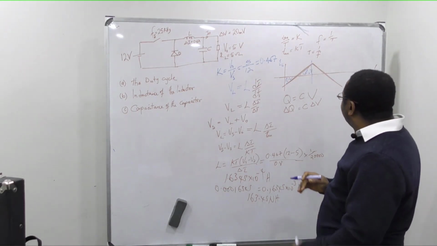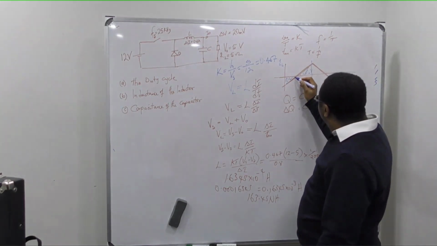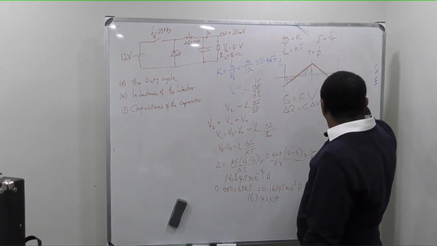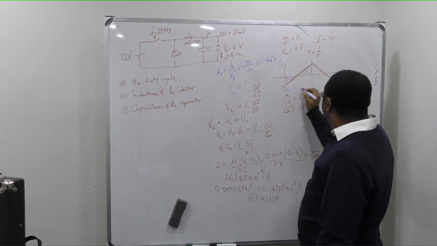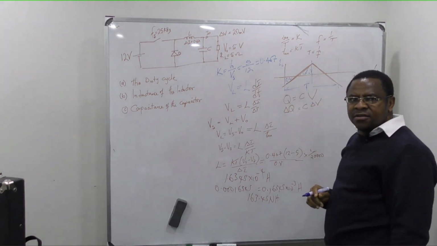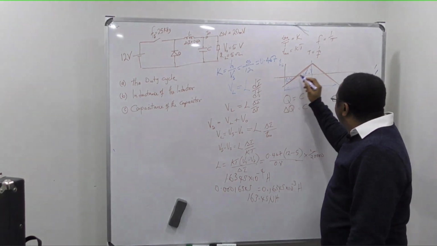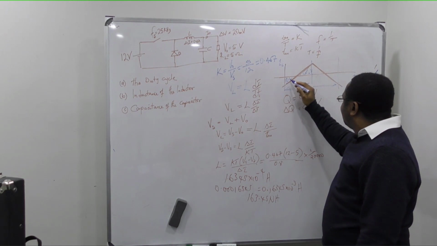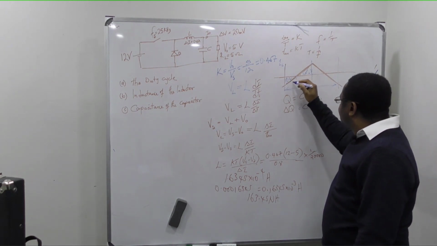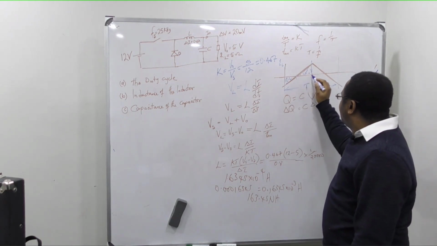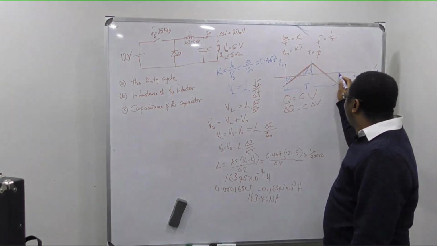Okay? So, I know that from here to somewhere here is your period. This is your period T. So from here to here alone is period over 4. Here, period over 4, over 4, over 4.